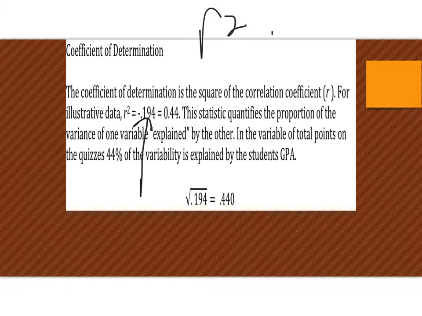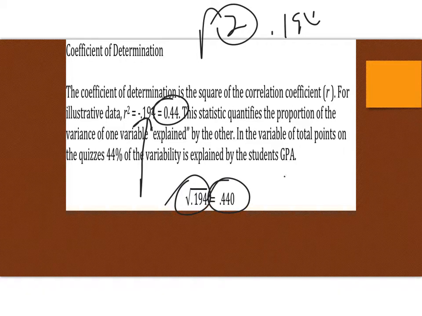It's a negative, so it's a weak negative correlation at 0.194. Now, we are going to take that number and square it to come out with 0.44. So there's the square. So it's basically 44%.